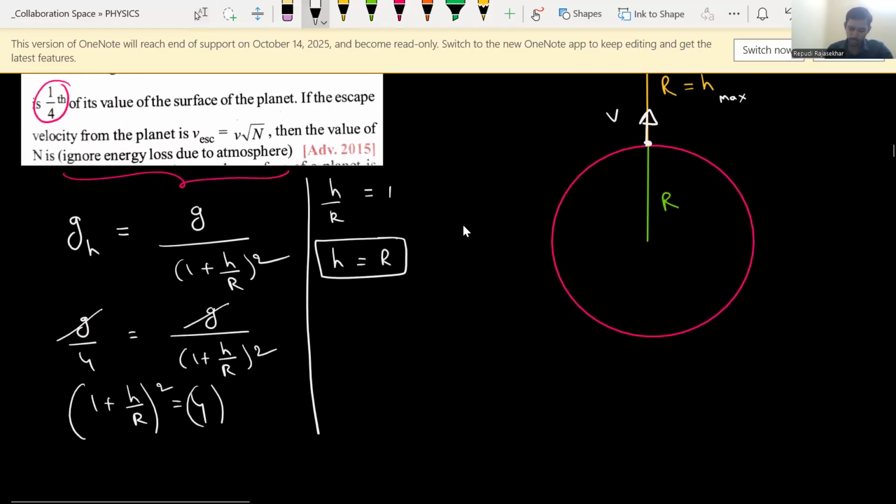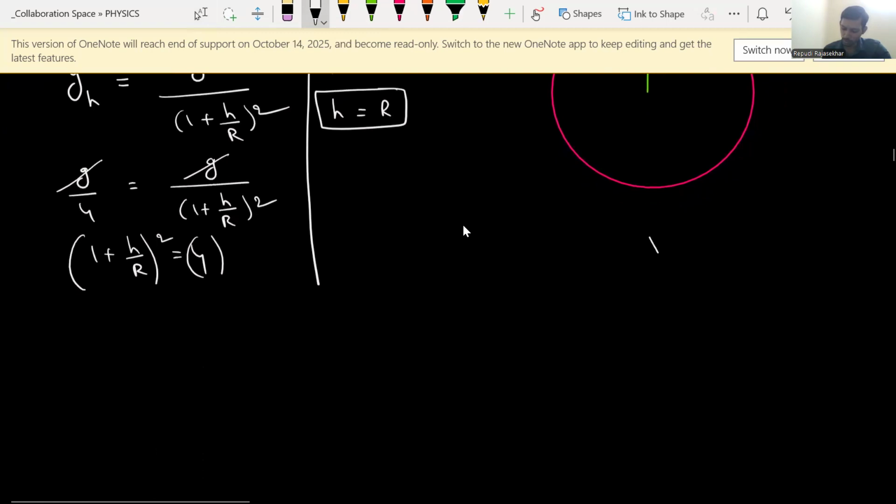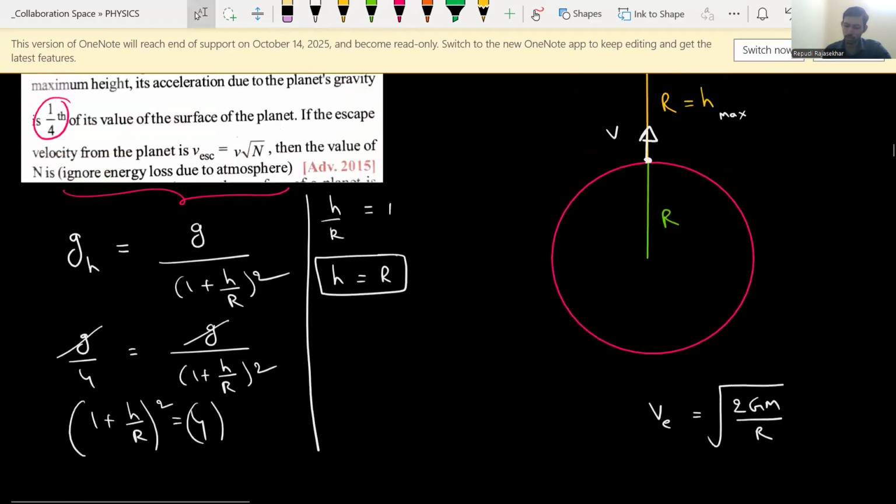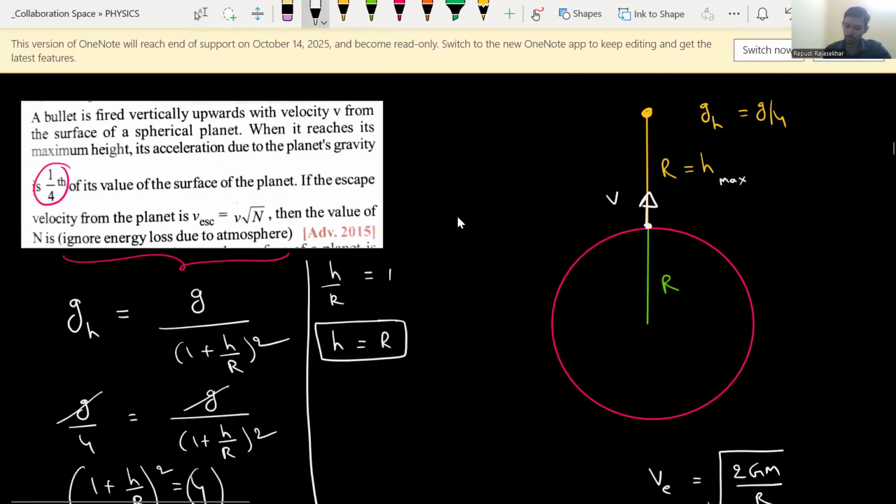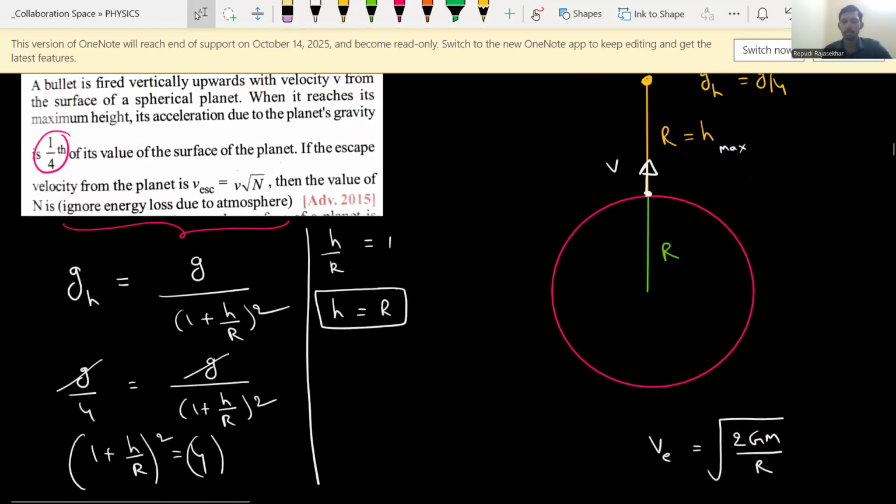So what is the escape velocity formula? The escape velocity equation can be written as root over 2GM divided by r. This is the escape velocity equation. Now how to get the projection velocity? With what velocity have we projected? We can use the energy conservation equation. What is the initial energy, and what is the final energy?